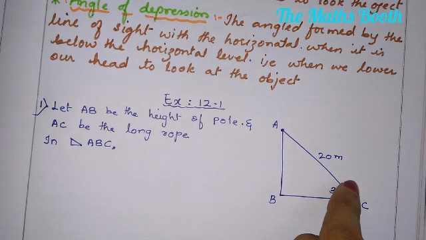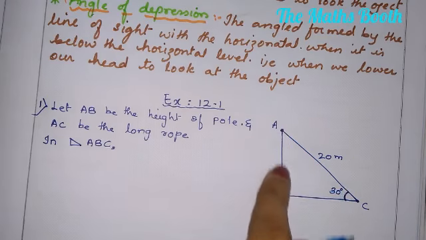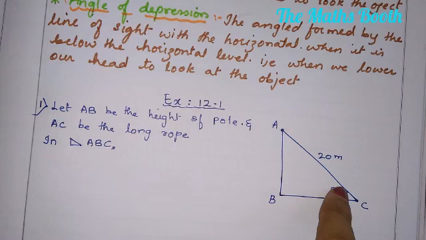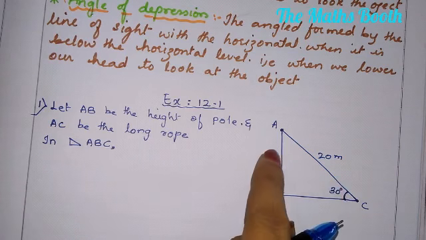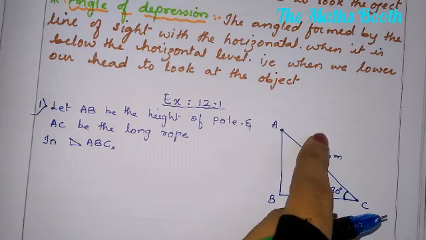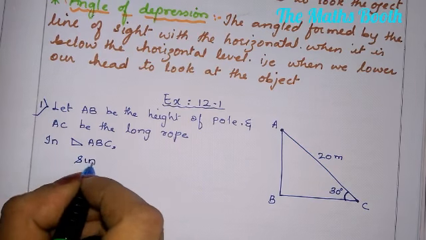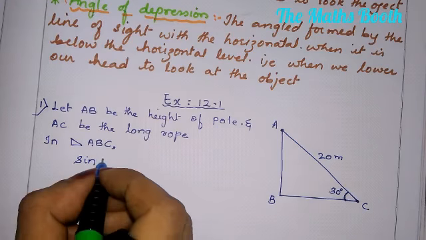We have to apply the trigonometric ratio in such a way that we need AB, and hypotenuse is given, that means sine theta, opposite upon hypotenuse. In triangle ABC, sine theta, theta is nothing but 30 degree.